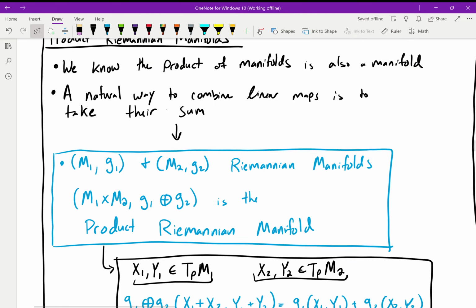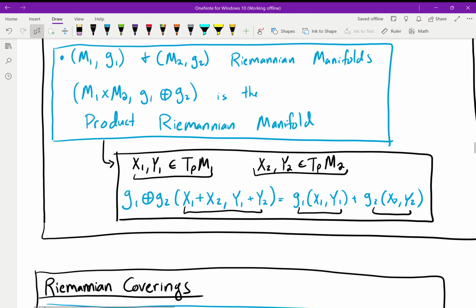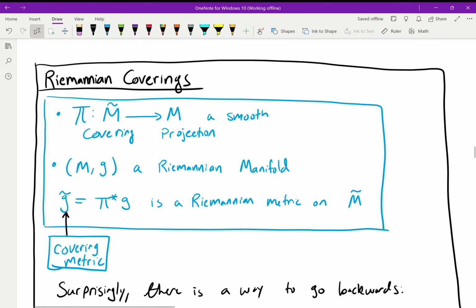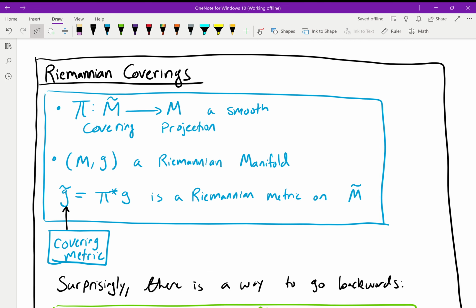So that turns out to be what you'd expect it to be, and then for covering spaces, we also get kind of what you would expect to happen. If you have a smooth covering projection, and you have a metric on something down here in the basement, then you can get a metric on the thing living upstairs by, again, taking the pullback of the covering map.